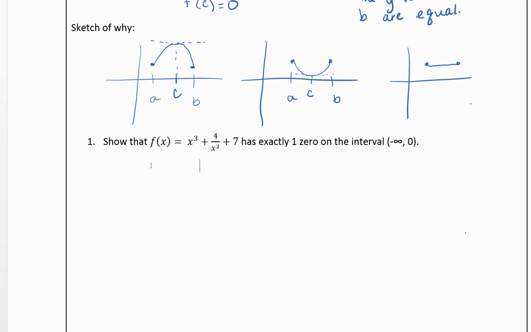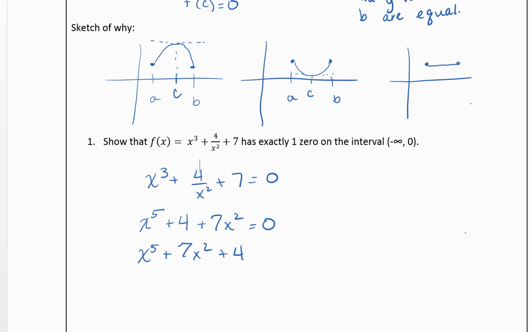Where is x cubed plus 4 over x squared plus 7 equal to 0? First we could multiply everything through by x squared. That would give us x to the 5th plus 4 plus 7x squared equals 0. So x to the 5th plus 7x squared plus 4 equals 0. There's not an easy way to solve this.